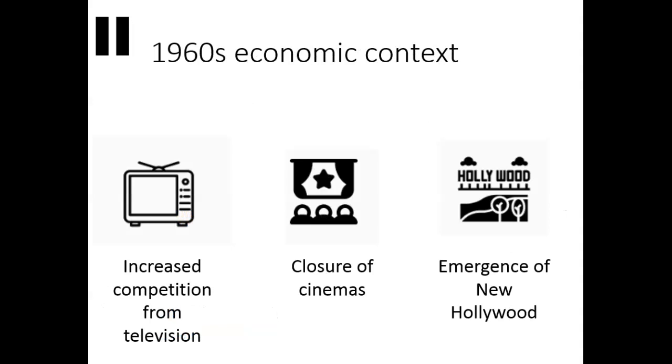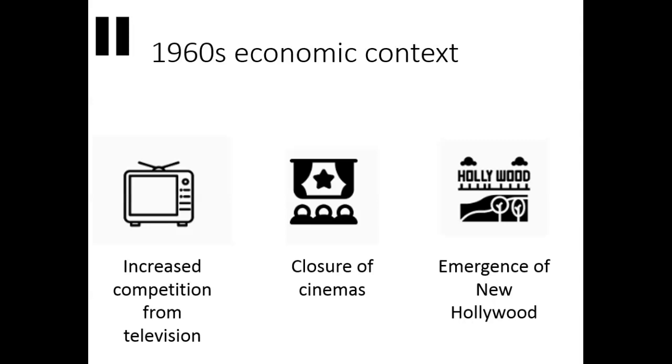Next, we'll consider the economic context, and this is really helpful for thinking about film production. There are really three main things that we want to know about in order to understand the economic context of the film industry. During the 60s, film has increased competition from television.